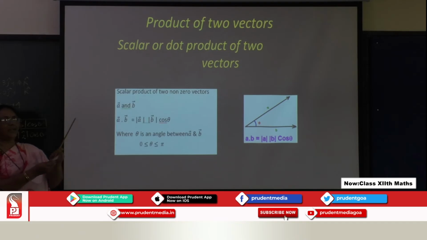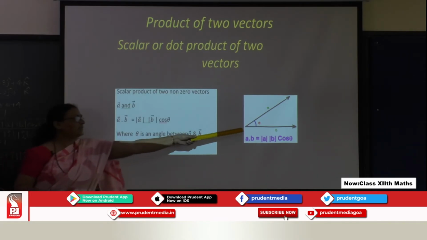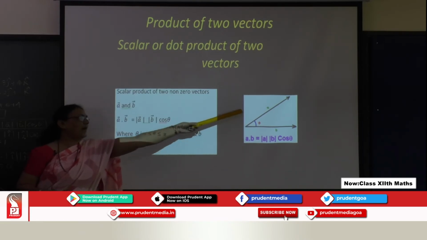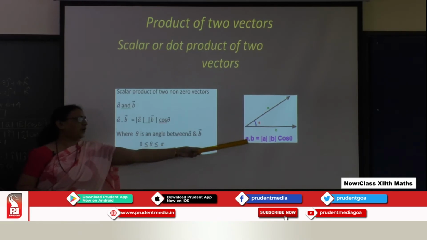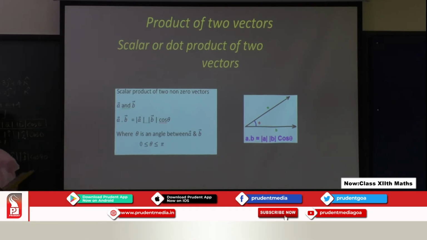So theta is the angle between these two vectors, vector B and vector A, then A dot B is AB cos theta.